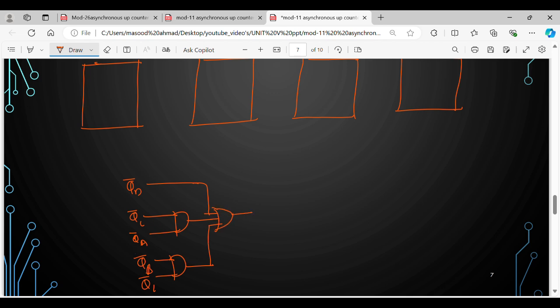This output we are connecting to the clear input of the flip-flops.